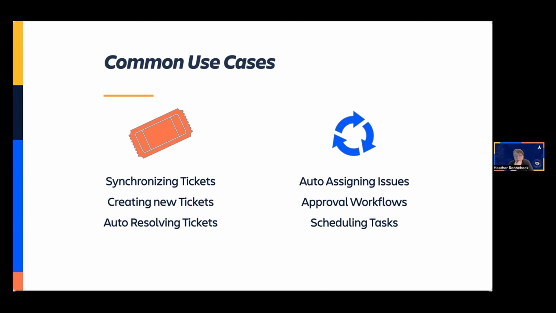Another example would be creating new tickets based off of a comment in a parent ticket or resolving a trigger ticket. They'll also tend to auto-resolve tickets as well, like subtasks and parent tickets and epics, when all of the related work and issues are completed.